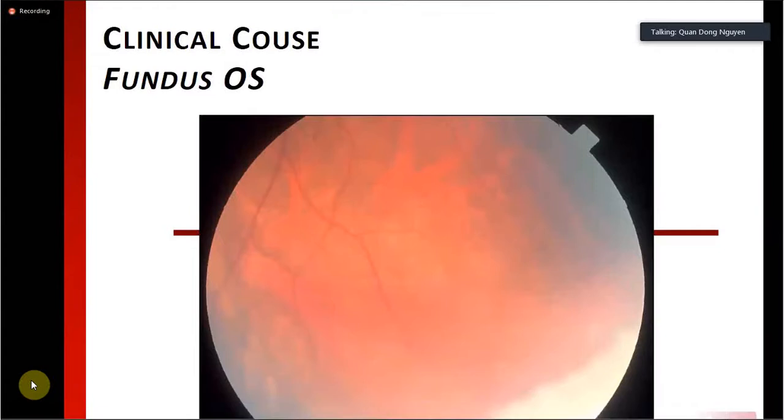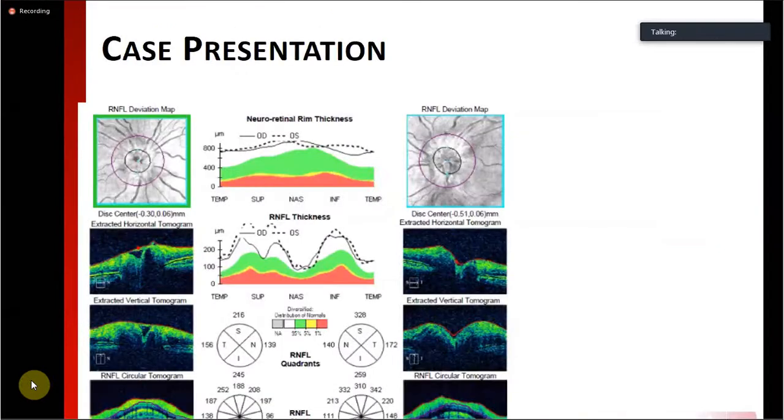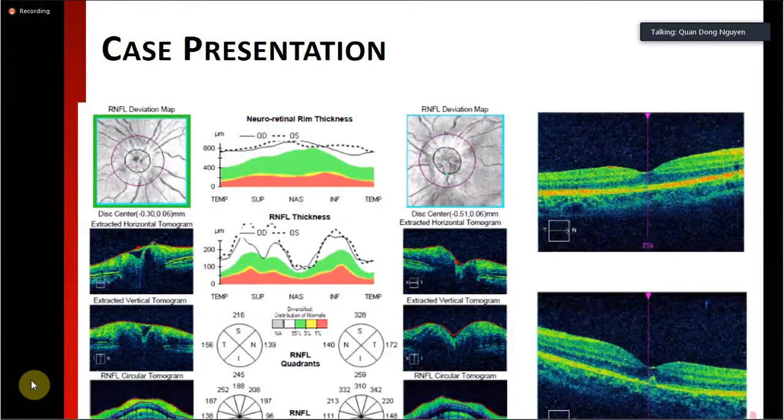So here, Dr. David calls it intermediate uveitis because we don't know yet. This is the optic nerve showing swelling and changes, and the foveal center is preserved, with no significant macular edema.